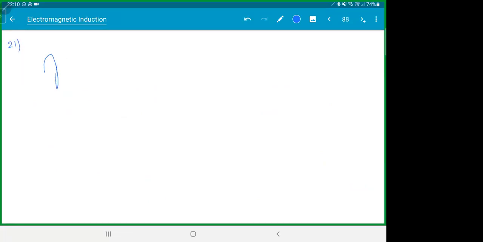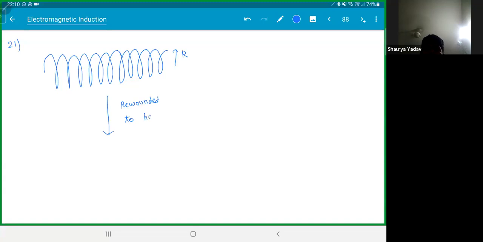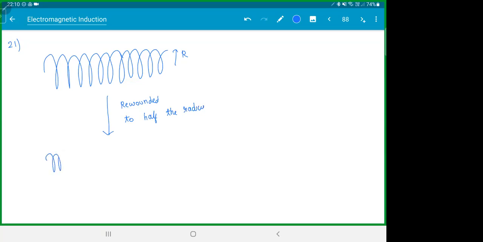So we got a solenoid. We have done this before, of radius r. Someone took this thing and rewound it to half the radius. Previously, we have done this for magnetic moment and magnetic field.